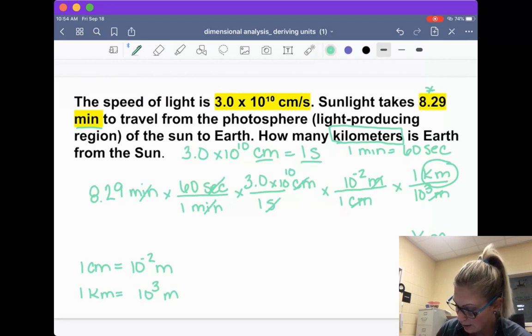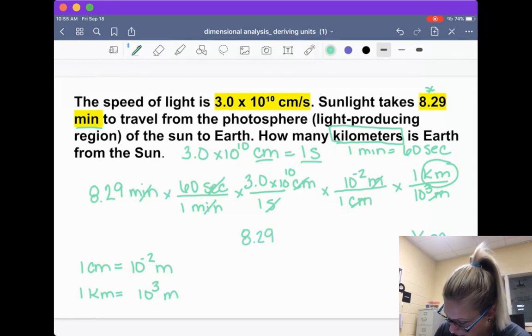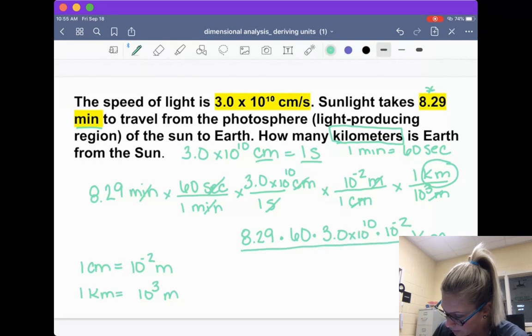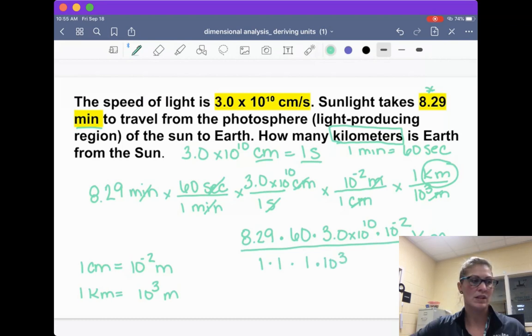We did it correctly. So if we simplify this and we just put our values, I got 8.29 times 60 times 3.0 times 10 to the 10 times 10 to the negative 2, all over 1 times 1 times 1 times 10 to the 3. So we're going to go ahead and simplify this by plugging it in the calculator.